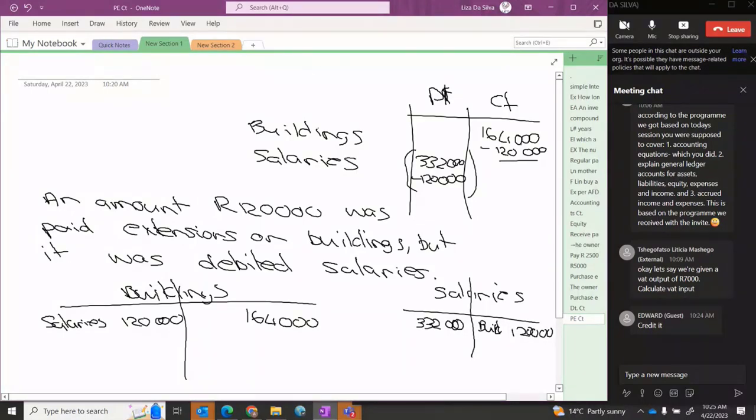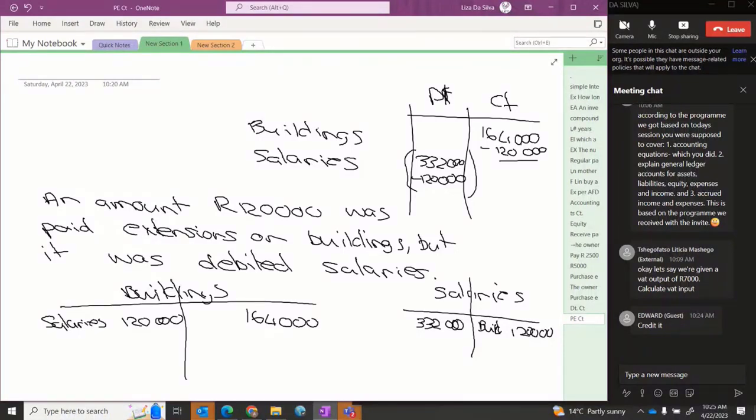You understand that? And that's actually how you do adjustments. You must read what they say you did wrong, and then you reverse the transaction. Okay, so it looks very funny that you have to credit the salaries with buildings, but it's actually just a wrong transaction that you have to reverse.